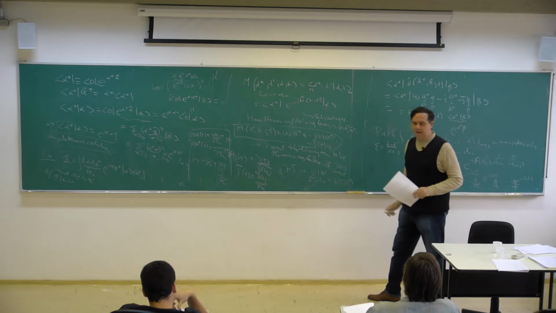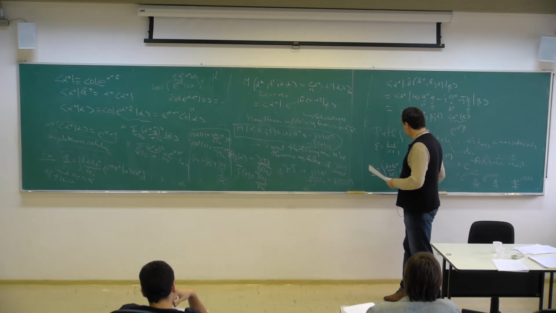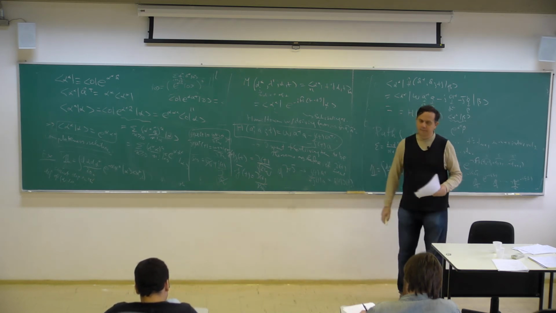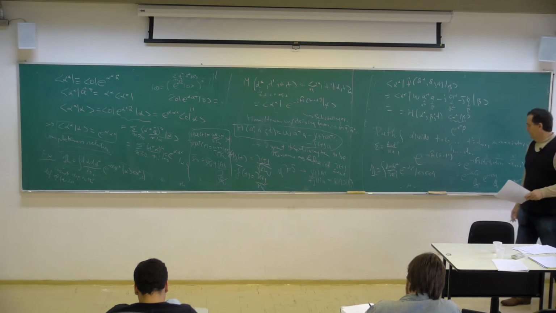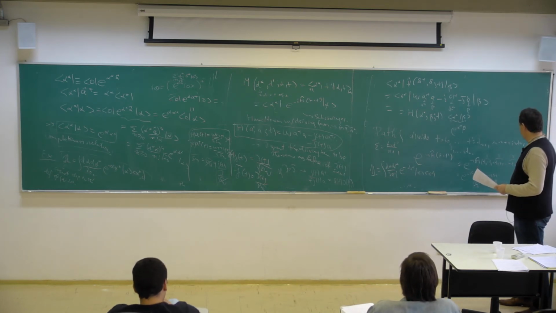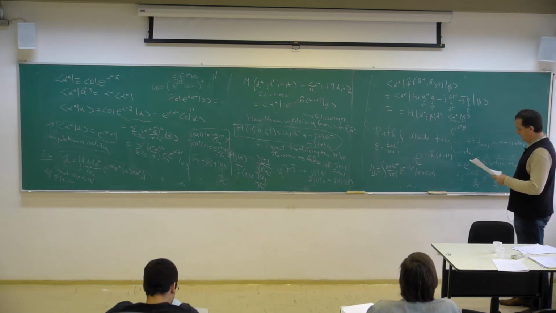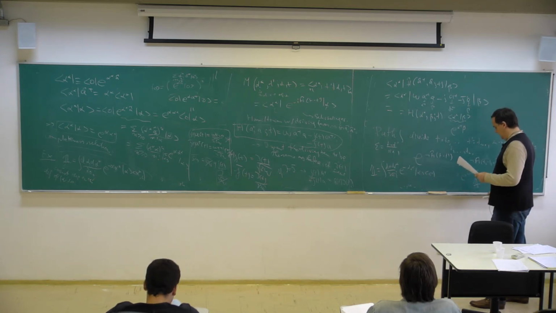The completeness relation I left for you to prove, which was that 1 is equal to the integral d alpha star d alpha over 2 pi i, e to the minus alpha star alpha, alpha, alpha star, right? Okay, but now for each of these things I consider a different time, right?